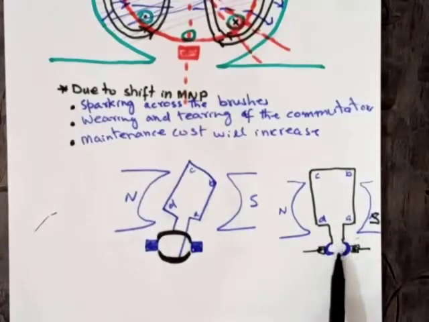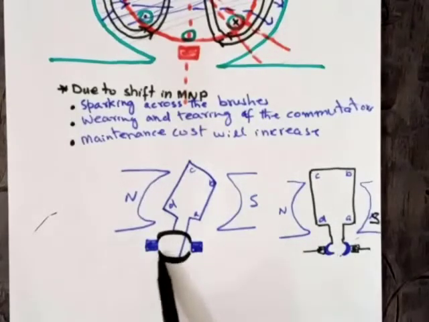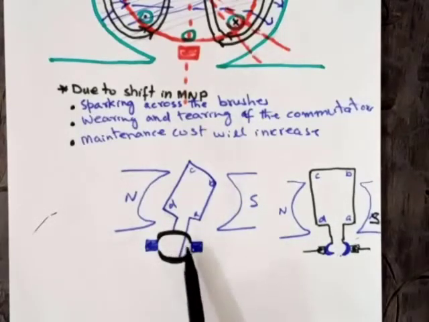Now, when the coil rotates, or the rotor rotates, the commutator segments will rotate as well. As you can see in this figure, when the brushes come between the air gap of the two commutator segments, at that point the coil is short circuited through the brushes, because the brushes short circuit both commutator segments.